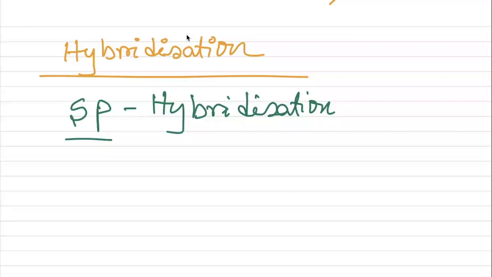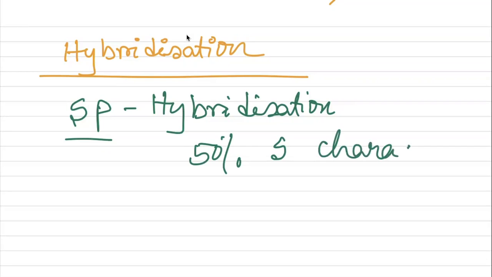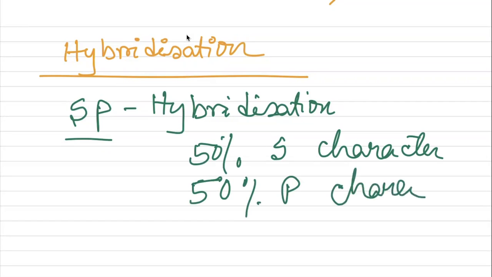Here, for an sp hybrid orbital, 50% will have s character and 50% will have p character.